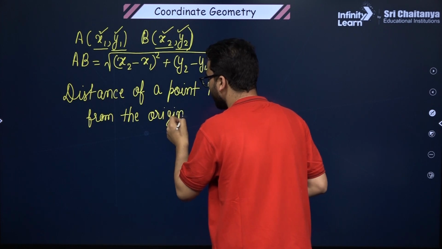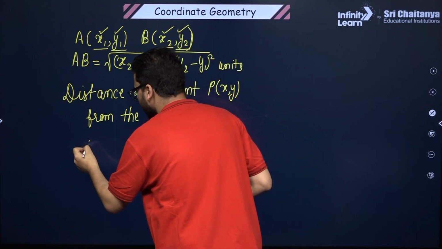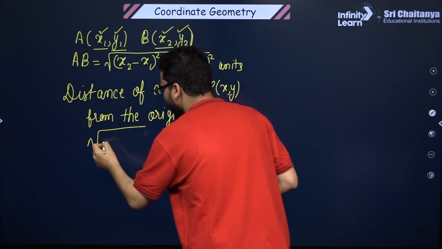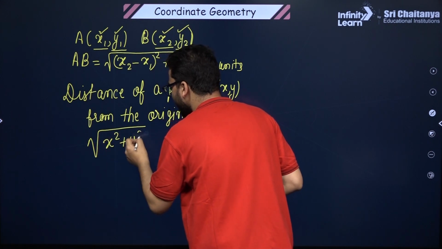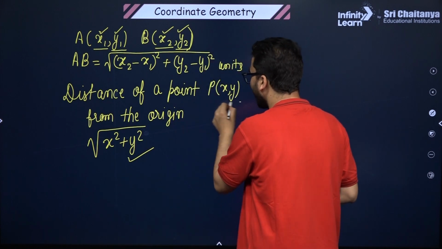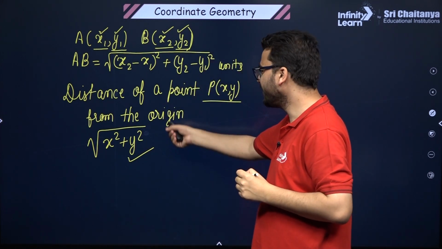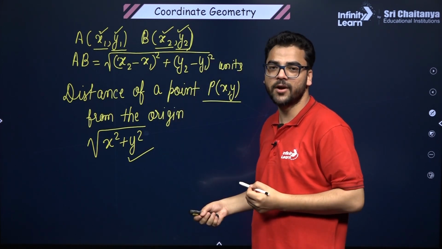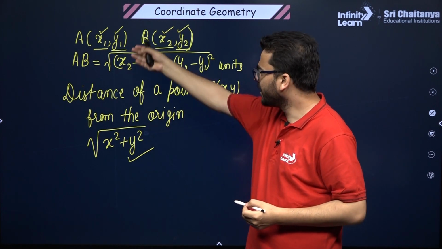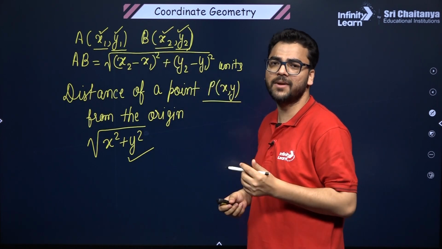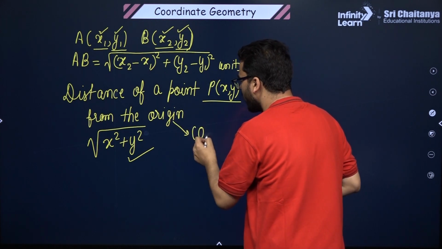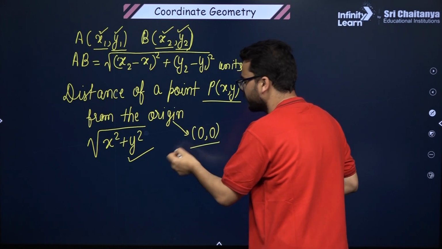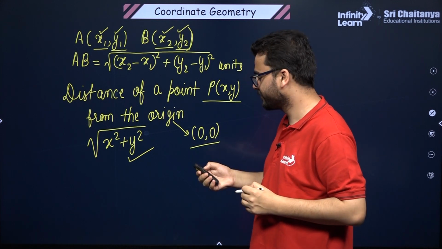So distance of a point from the origin is square root of x square plus y square, if the coordinates of that point are x comma y. So this is the formula to find the distance of a point from the origin. It's a very simple thing which comes from the distance formula itself, because the coordinates of origin are 0 comma 0. I hope that is clear.